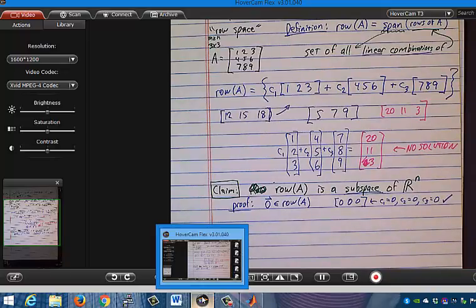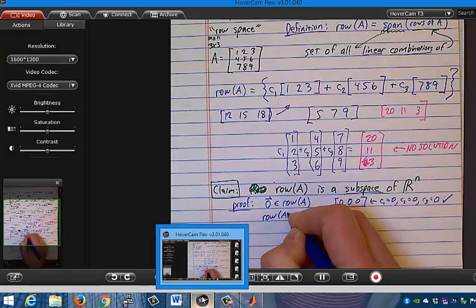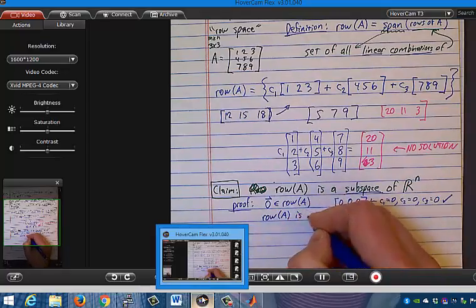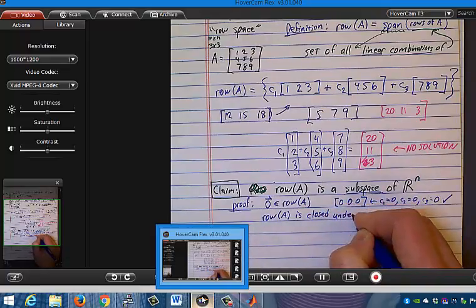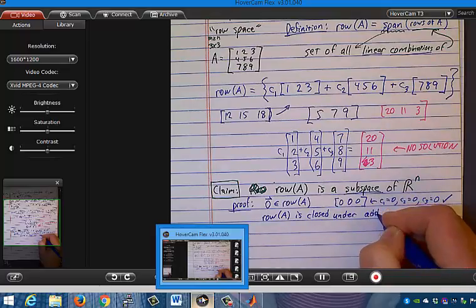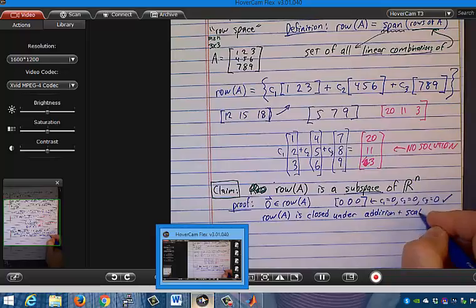And what are the other parts that we need? Is it true that the row space of A is closed under addition and scalar multiplication?